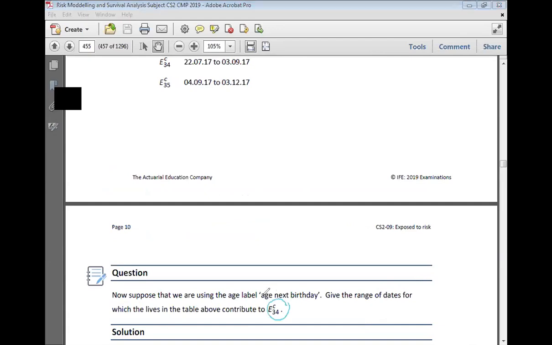But again, what we are looking at now is age next birthday, not age last birthday. So what do you guys think this question is asking us? First of all, how is this question different from what we have just done in the previous question? What do you guys think?